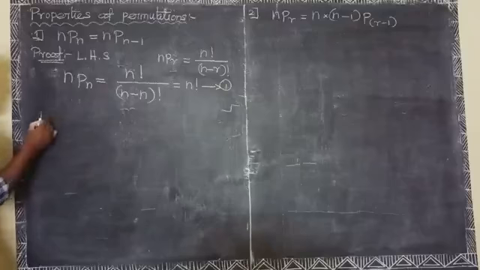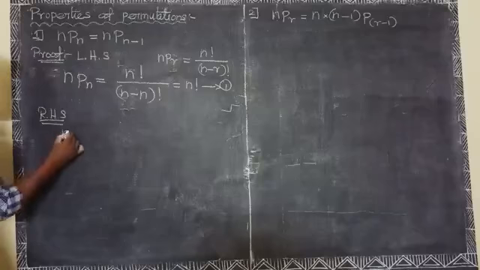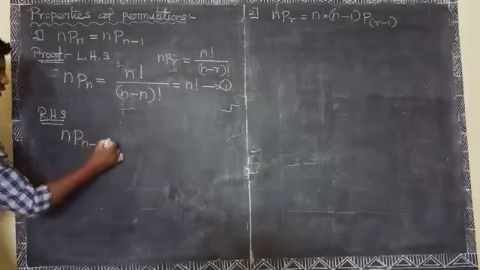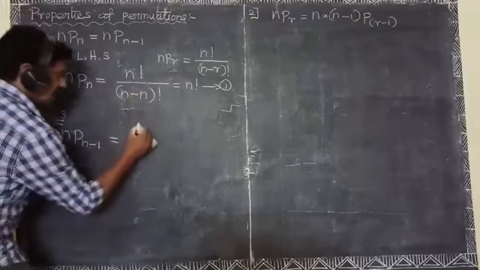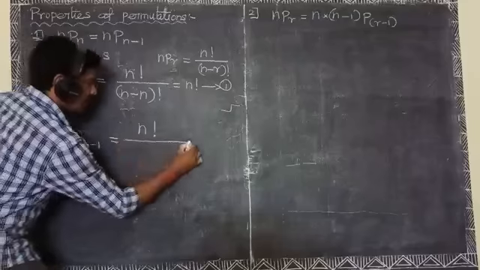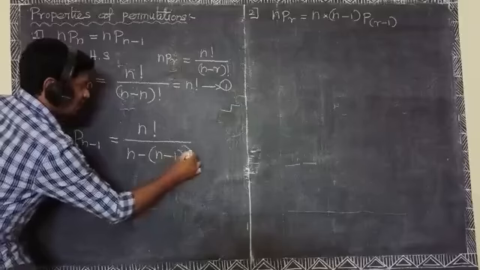Now we take RHS, nP(n-1). Using this formula of nPr, this is n factorial divided by (n minus (n minus 1)) factorial.